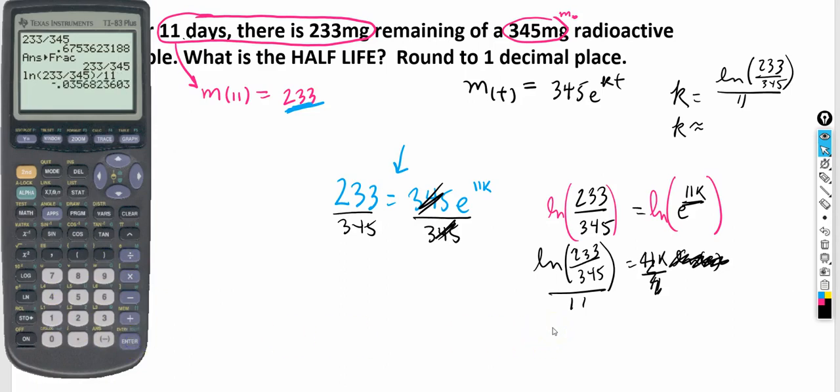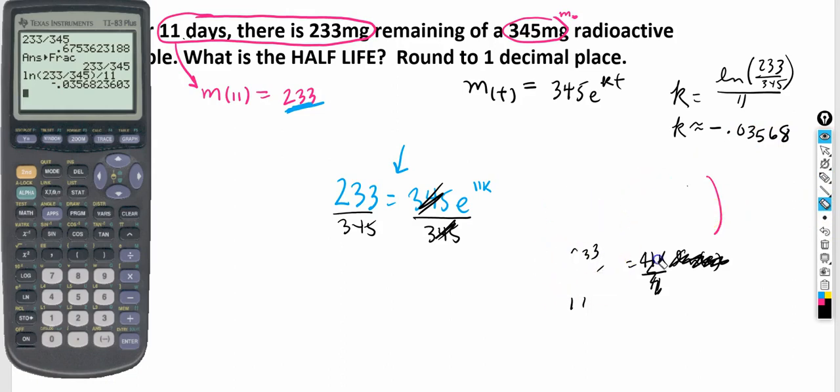Okay, so my k, and I expected it to be negative because it's a decay rate, is negative 0.03568. Okay, so I've taken that to 5 decimal places. So I can make some space again.